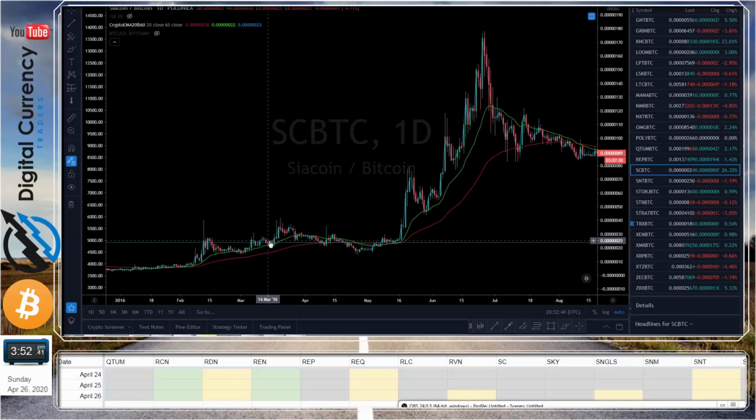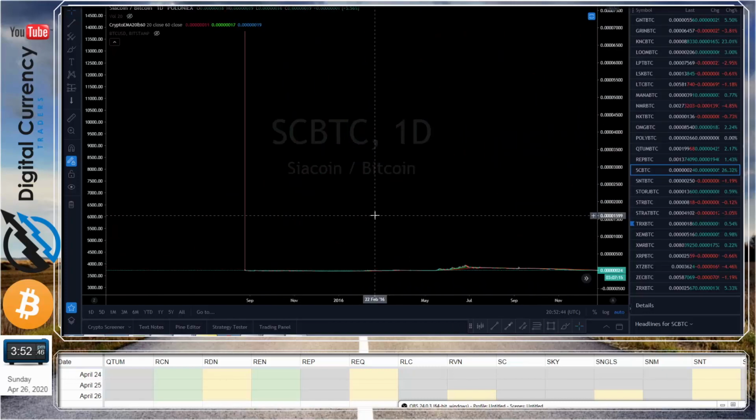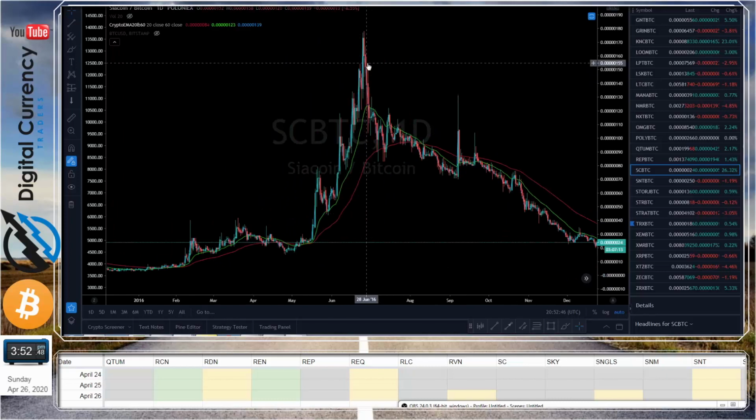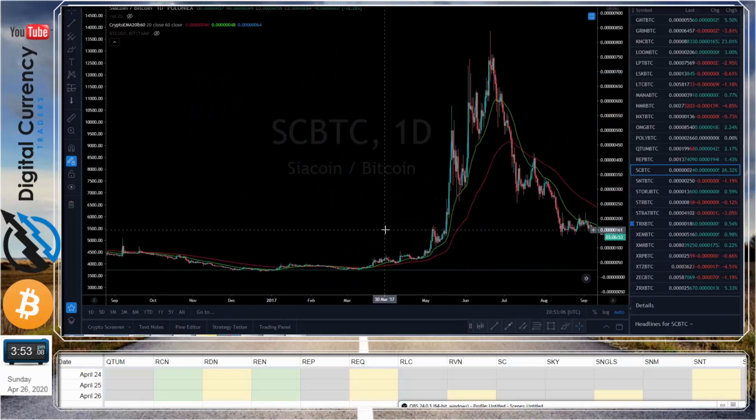And you can see that it consolidated for a while before it really went higher. Made some great gains off of that because it started off at like 10 Satoshi or something when I got in. Crazy. So from 10 Satoshi up to 170, 180, and then all the way back down to where it is now. And down and down, and oh, it did that other pump up to 800 Satoshi from 30.